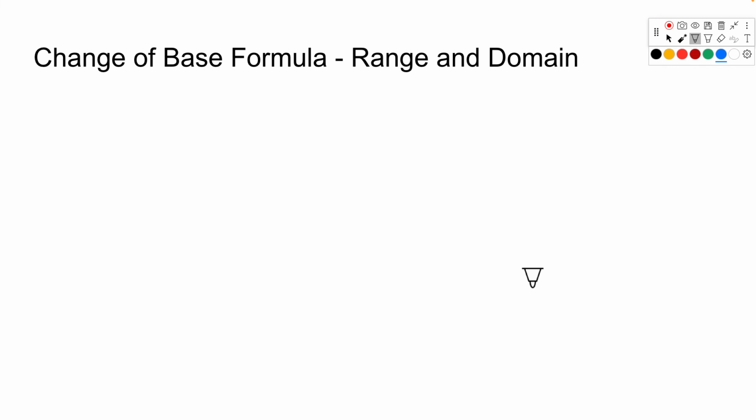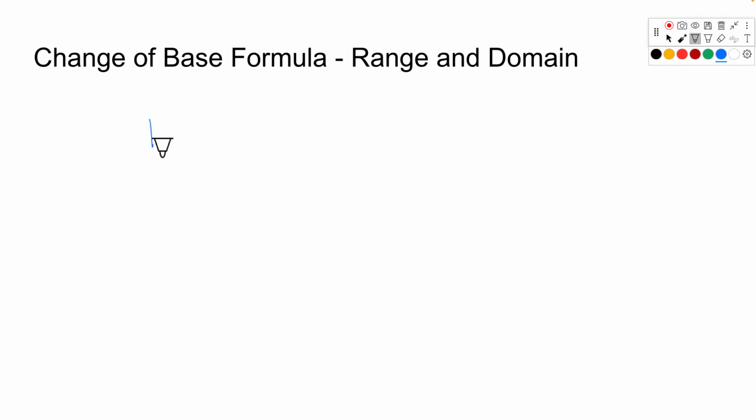Okay, almost there. Change of base formula. On your calculators, you have two main logarithms: the natural log and log base 10. If you need to use any others, a lot of calculators have a math key where you can get these log bases.